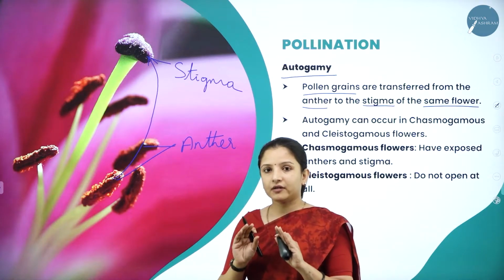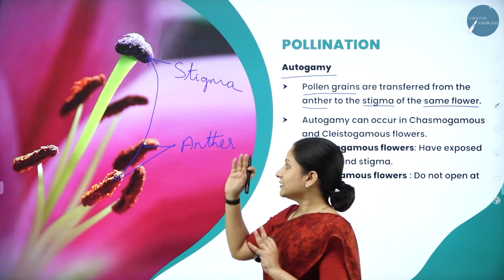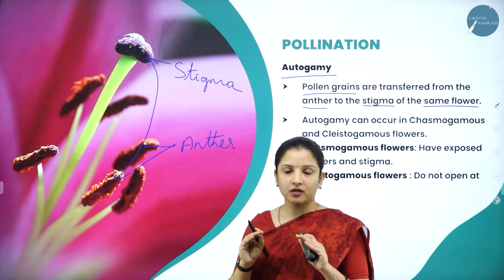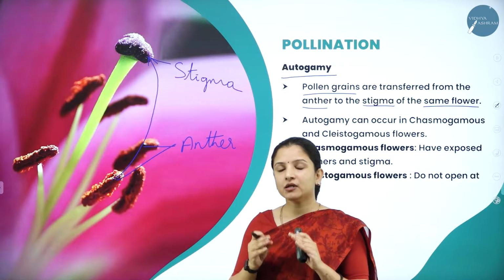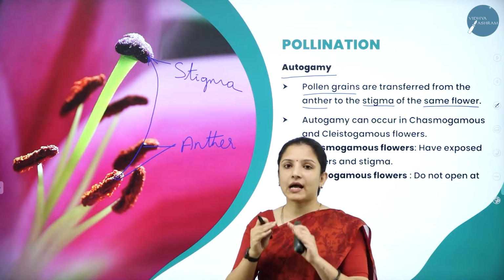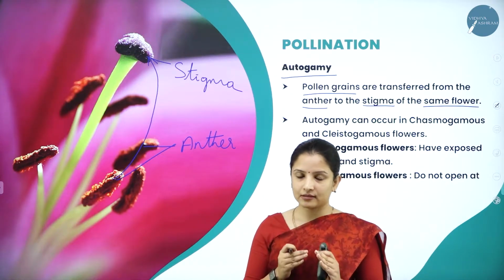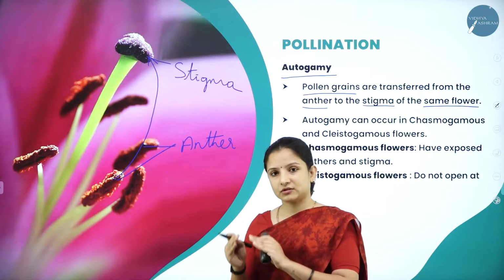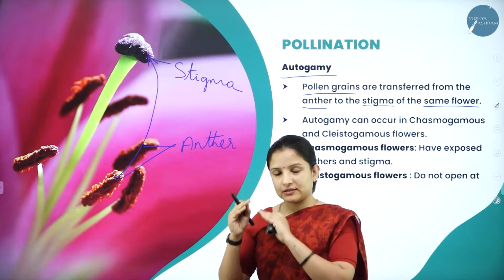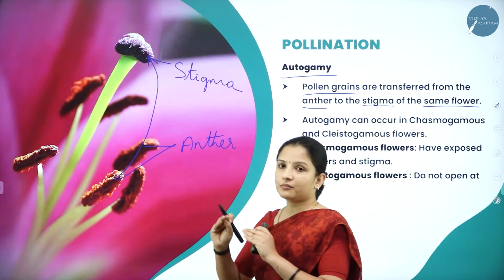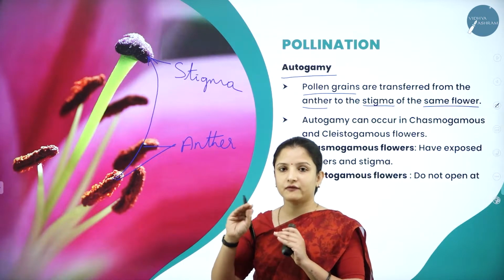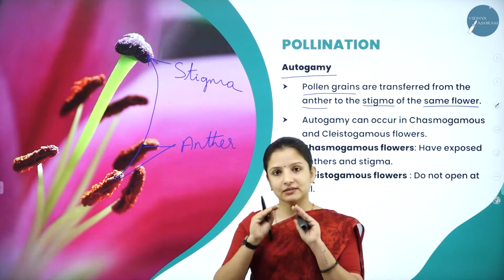In the one flower itself, because this is a bisexual flower. So what is a bisexual flower? In a bisexual flower, you have the male reproductive structure, that is the anther, and the female reproductive structure, that is the gynoecium. In this case, the stigma, which is very important for pollination, is present in the same flower.